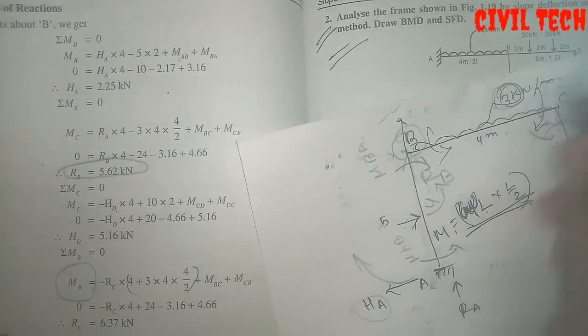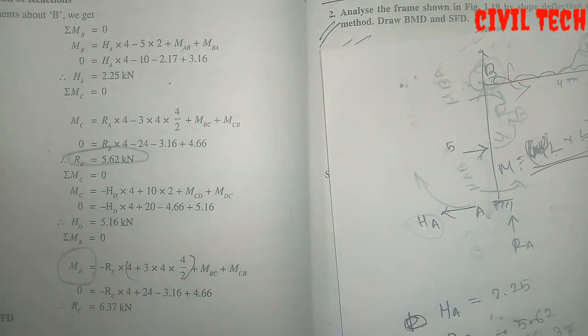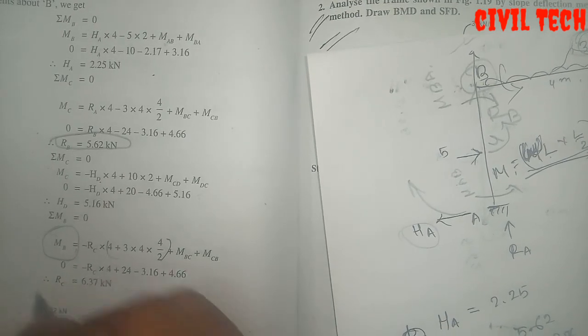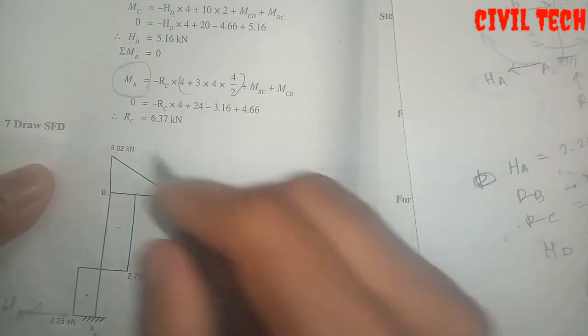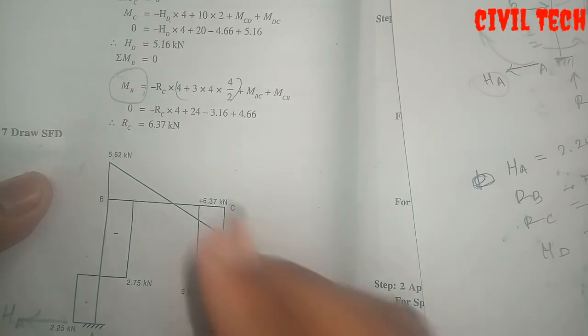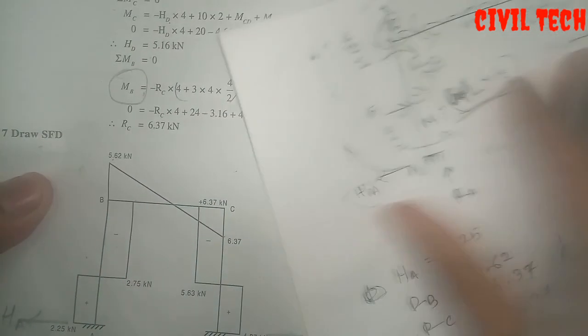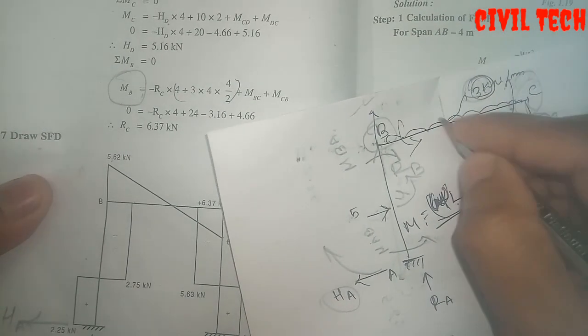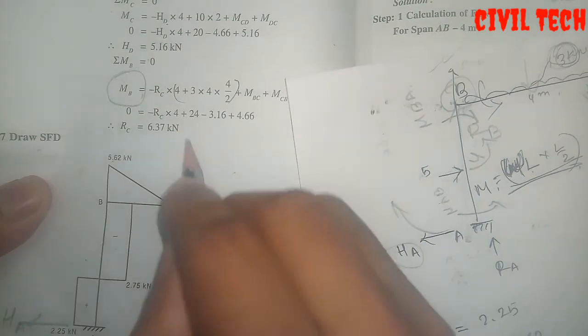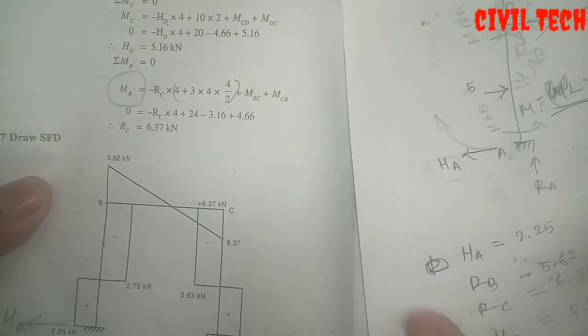Because of this UDL, it comes downward. Suppose, for example, if there is a point load, then it will not come downside gradually, it will be like that. Okay, just clearing the concept.